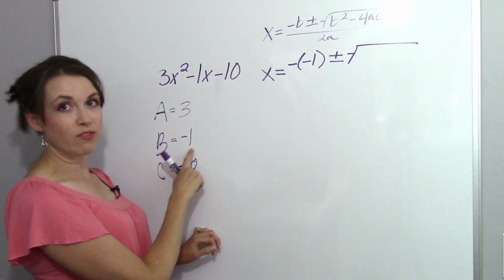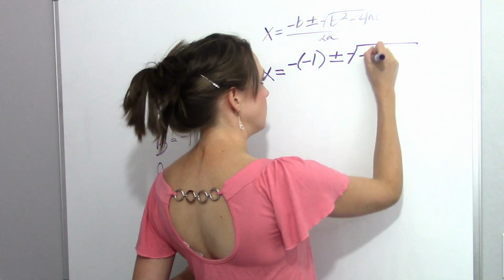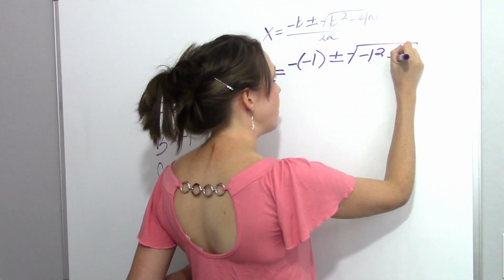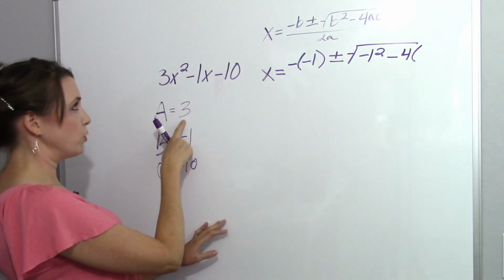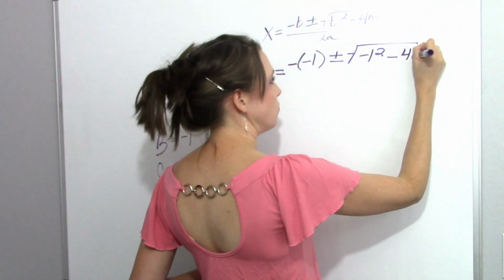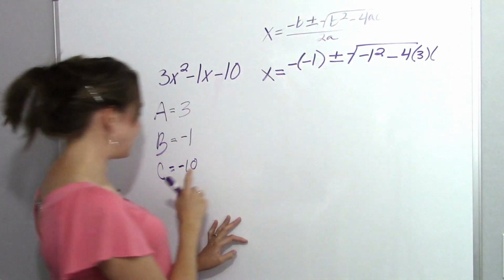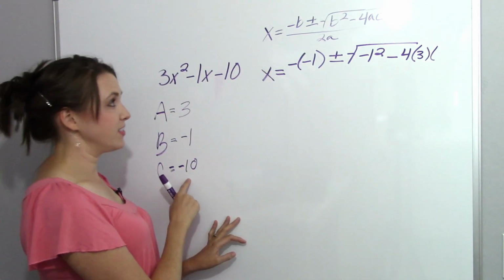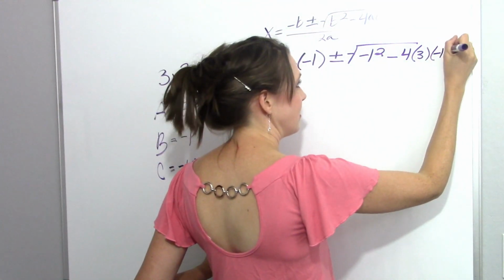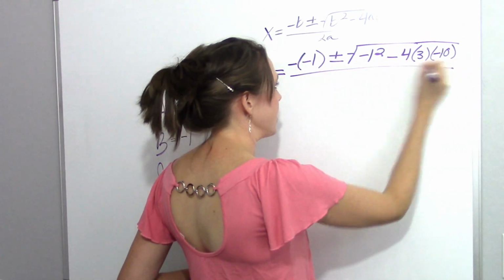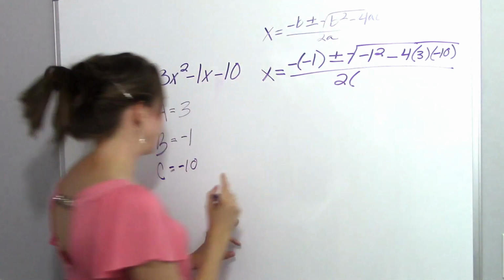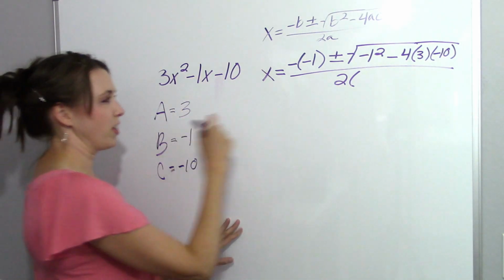So we have negative 1 squared minus 4a, which is 3, and c, which is negative 10. Bring that over a little more. And then we have that times 2a. So a is 3.